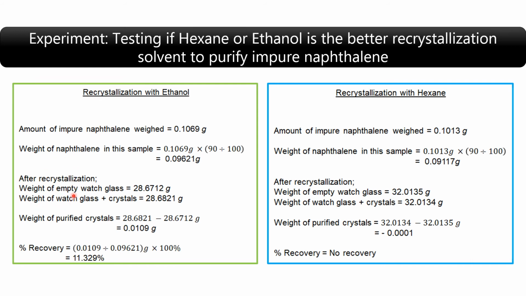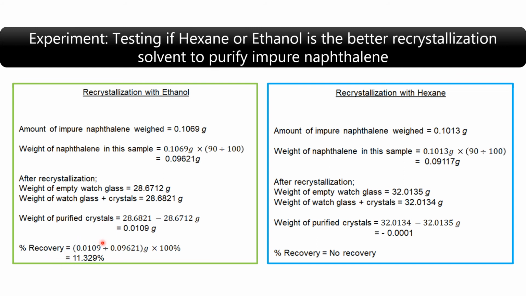Then after recrystallization, the crystals were transferred to an empty watch glass. So the weight of the watch glass by itself was taken, and the weight of the watch glass plus the crystals was taken, and their difference gives the weight of the purified crystals.